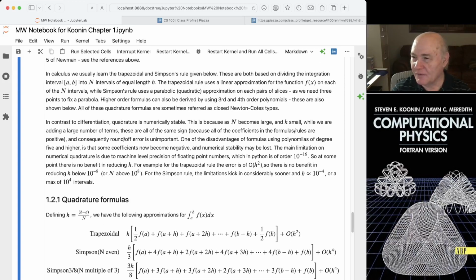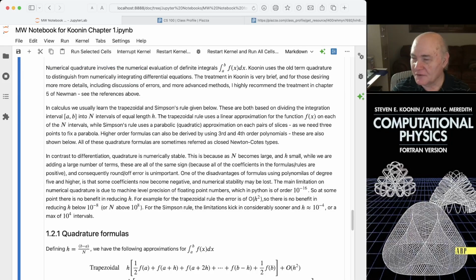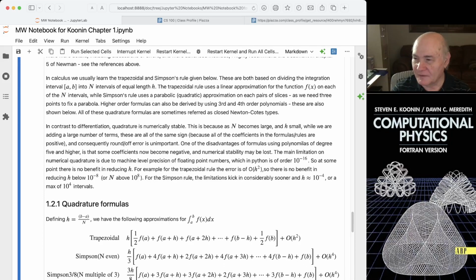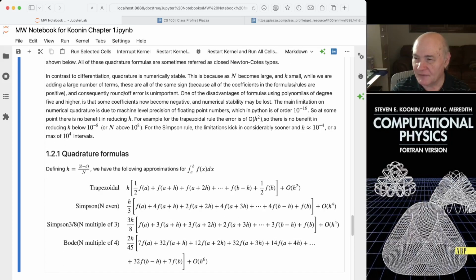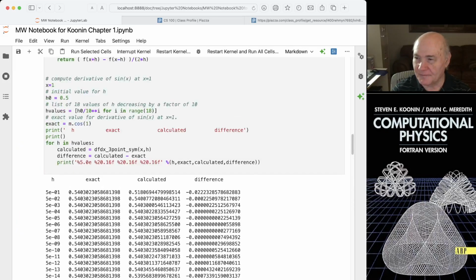I want to point out one thing, that Kunin's treatment here is very terse and very quick. He doesn't prove anything, or he derives a couple of things, but he doesn't really prove anything. But there's another book, as I mentioned in the references before. Let me scroll up there.